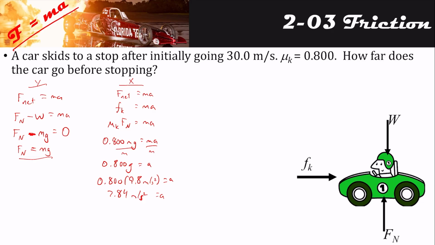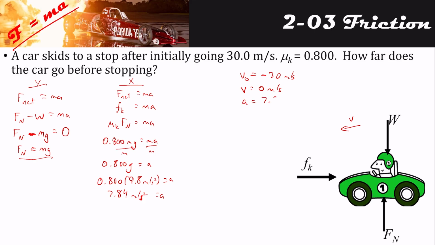Now that I know that, now we can figure out how far it goes before stopping. All right, so for example, we have to go back for kinematics. We know our initial velocity is 30 meters per second. Oh, but we're initially going left. And so I'm going to call that negative. Our final velocity will be 0 because we're stopping.